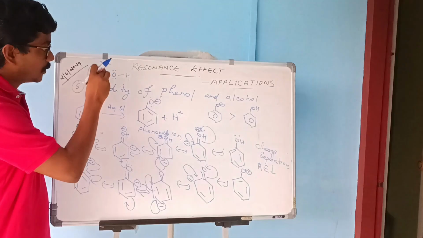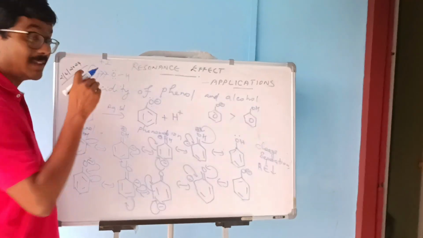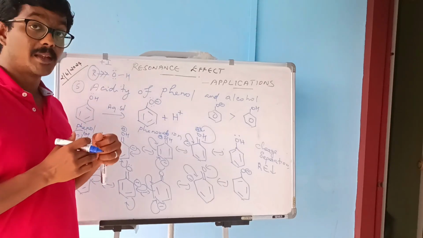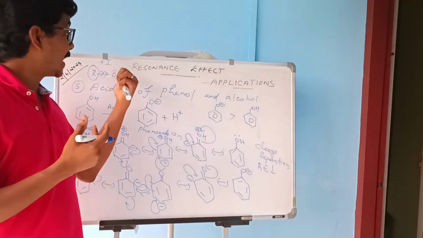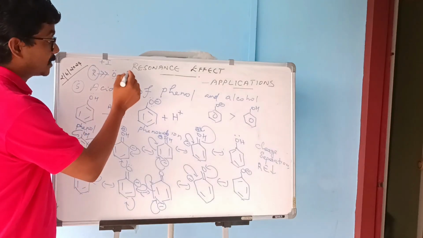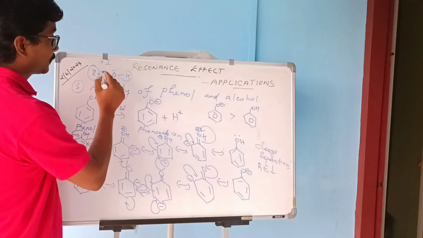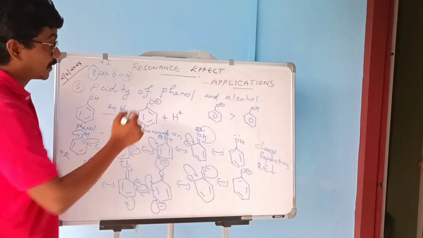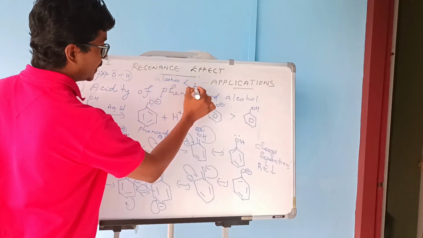Due to the electron releasing plus I effect of the alkyl group, the electron density on the oxygen atom increases, which hinders the hydrogen atom from immediately being released from the alcohol group. So the release of H plus ion becomes difficult due to the plus I effect. As a result, alcohol is less acidic than phenol.